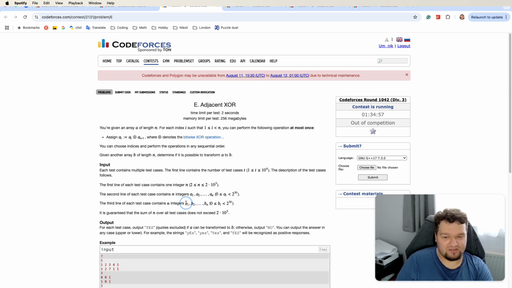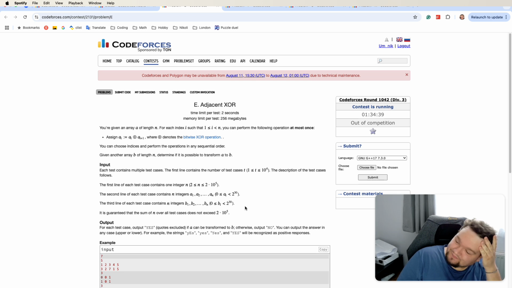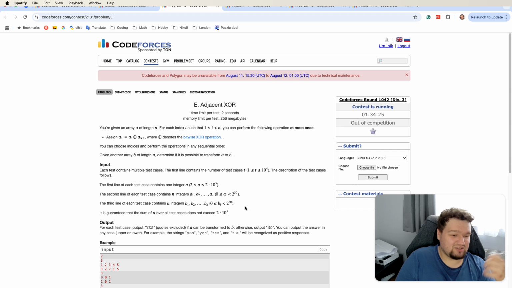It must be what we want, number B. It means that the only numbers that can be on position I are either AI that it was in the start or BI that it must be in the end.